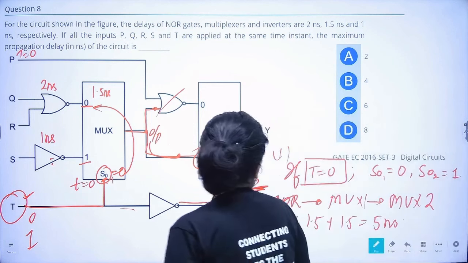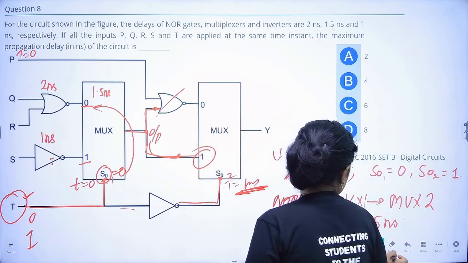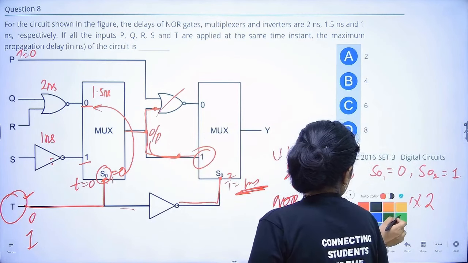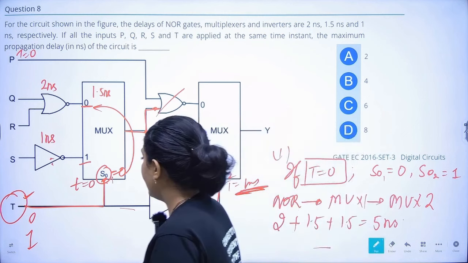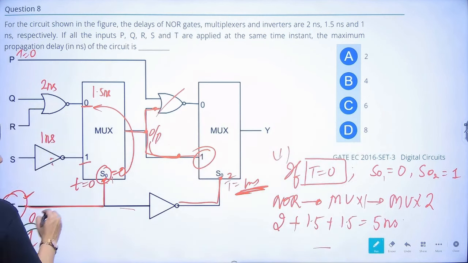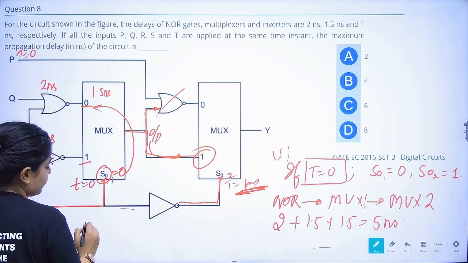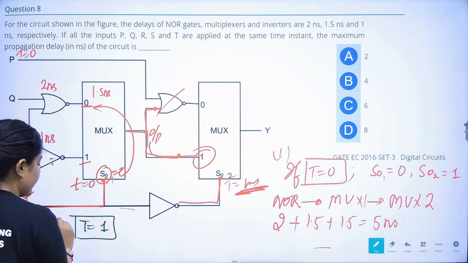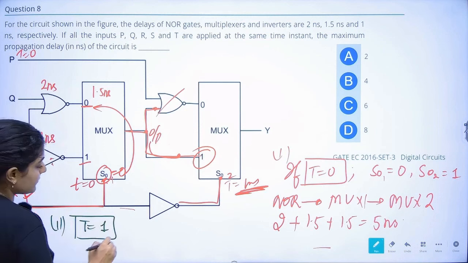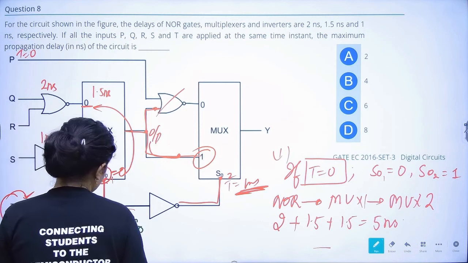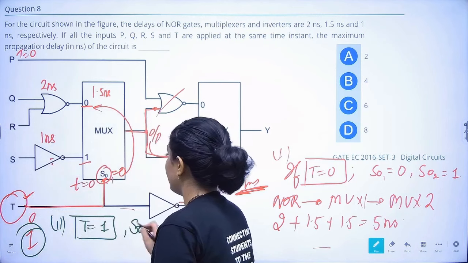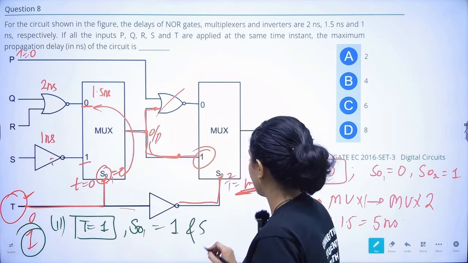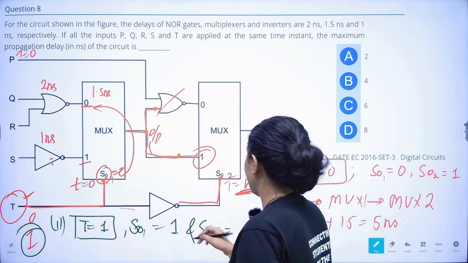We have another case, if T is equal to 1. So for T equals 1, S0 will be equal to 1 for mux 1, and for mux 2 it will be inverted.